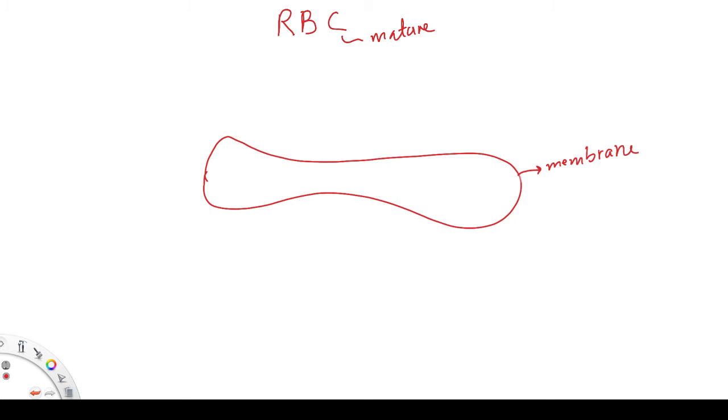And you're right, glycolysis. So please remember that. RBCs sustain themselves through glycolysis. They don't depend on oxygen. They get all of their energy from glycolysis.